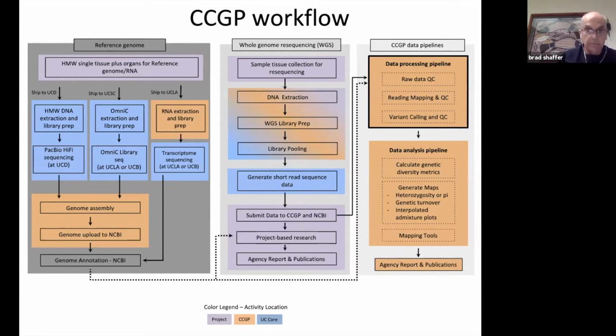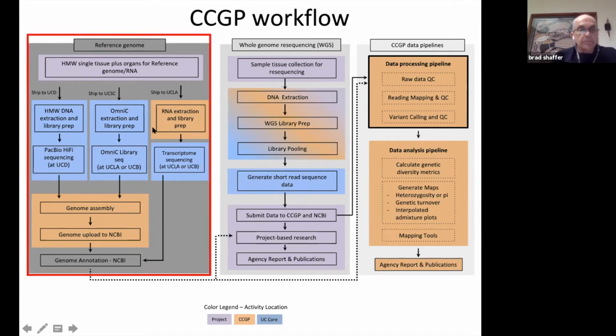So the CCGP workflow falls out in a few different pieces. One is the reference genomes. We've talked about this already. About half of you have submitted your material for the reference genomes. This is the one high quality organism or sample that gets shipped to Davis, to Santa Cruz, and to UCLA.